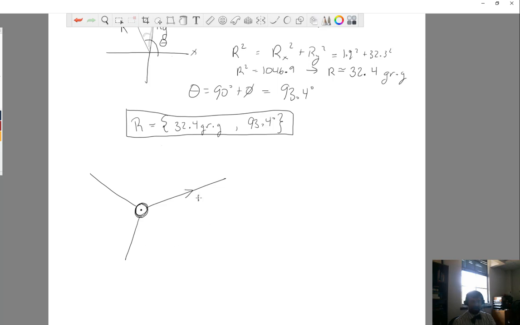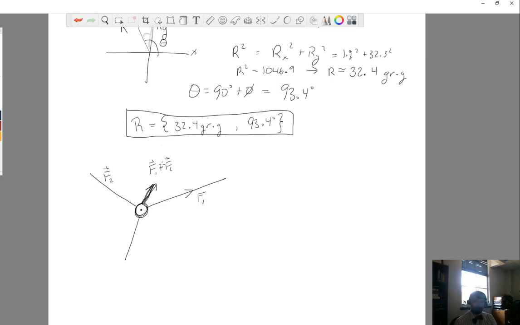And so this might be like force F1, this might be force F2. If you add the two of them together, you're going to end up with some force maybe off in this direction, for example. F1 plus F2 would be like this.